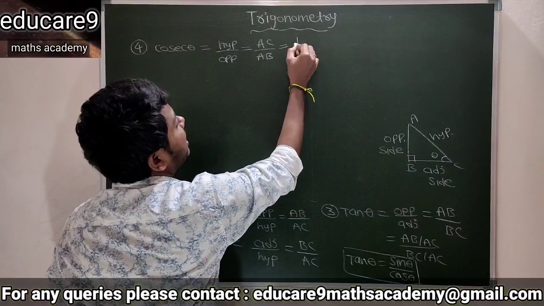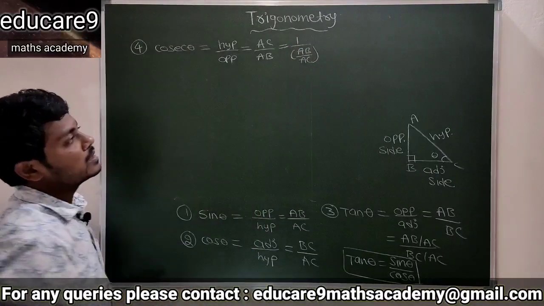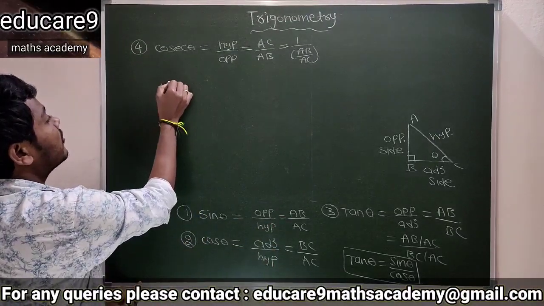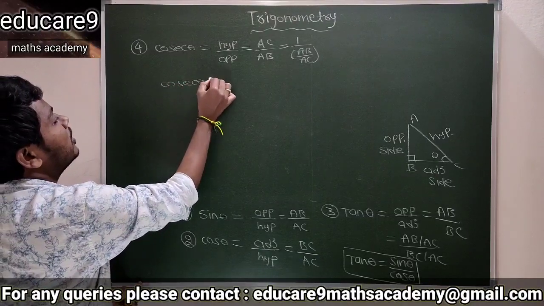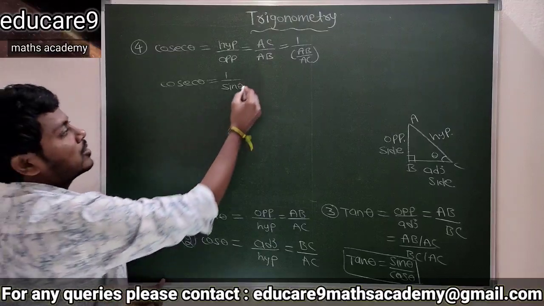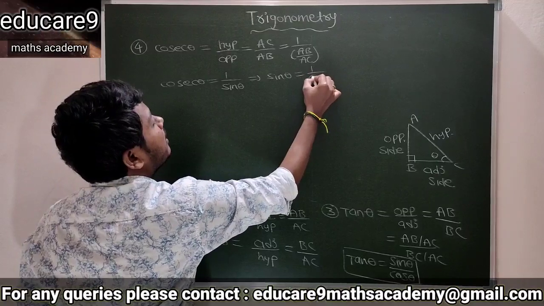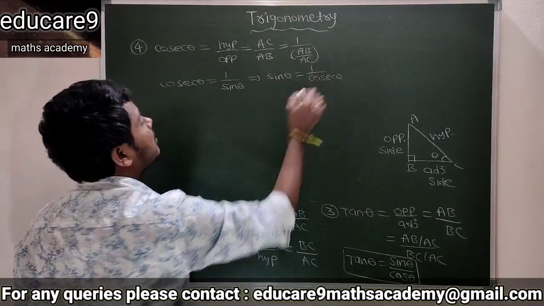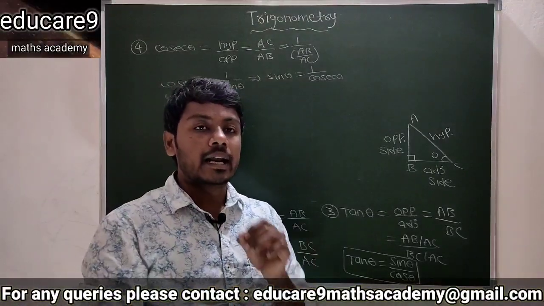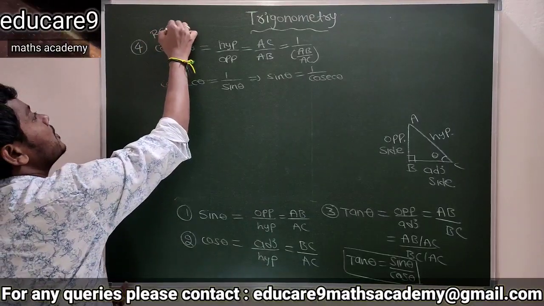This can be written as 1 by AB by AC. But what is AB by AC? Sin theta. So therefore cosec theta can be written as 1 by sin theta. So from this, sin theta can be written as 1 by cosec theta. So you can say that sin and cosec are reciprocals.